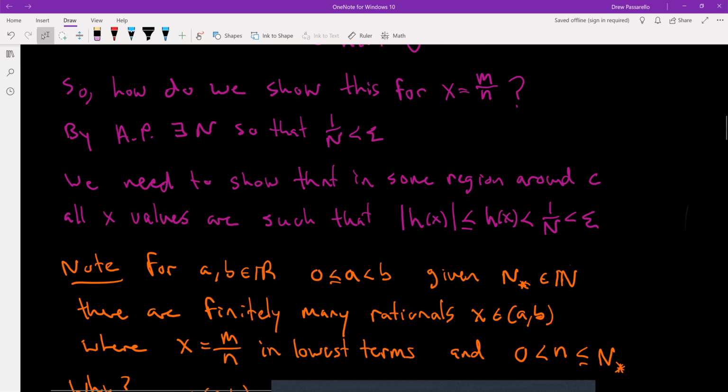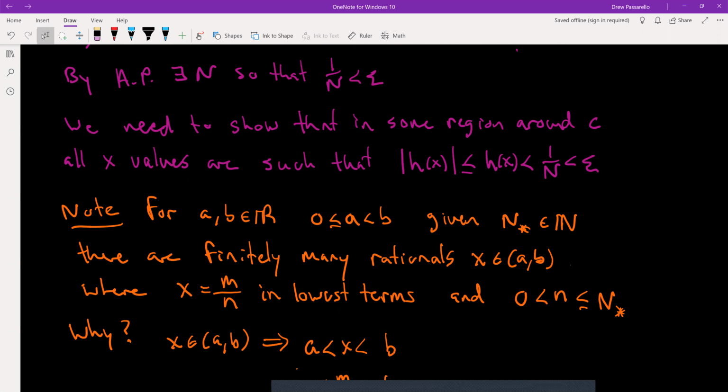Now, first note that if you have any real numbers a and b such that 0 <= a < b, and you're given some capital N* as a natural number, there are only finitely many rational numbers x in the open interval (a, b), where x = m/n in lowest terms, such that 0 < n <= N*.